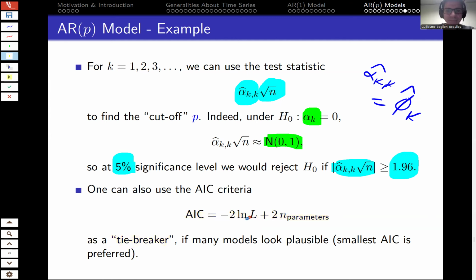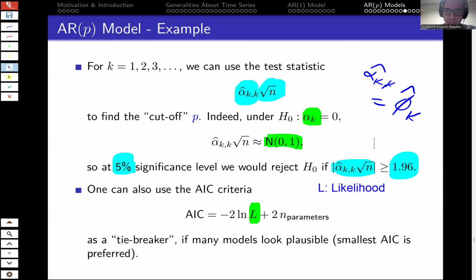What is the AIC? Let's read this equation: -2 ln of L. What is big L here? Maybe I should have written it, but let's write it now. L is just your old friend, the likelihood of your data. Now, unfortunately we will not explain how to find the likelihood of a time series. You could do that.